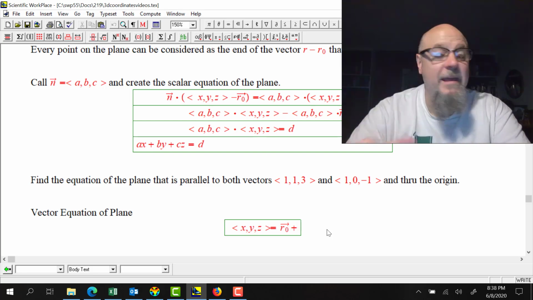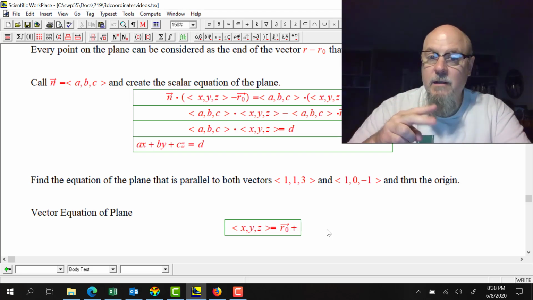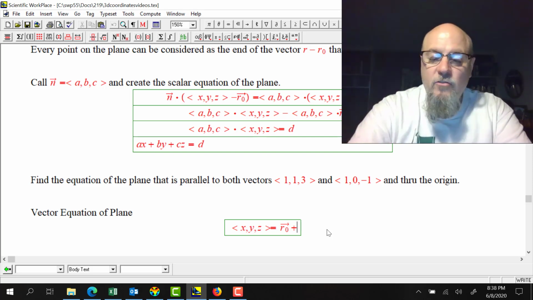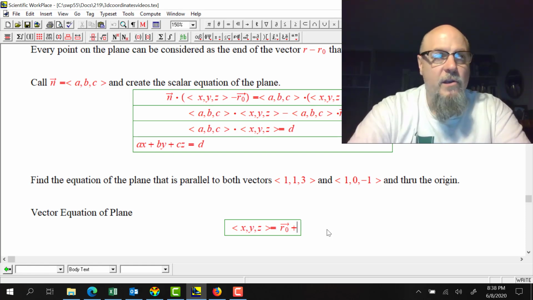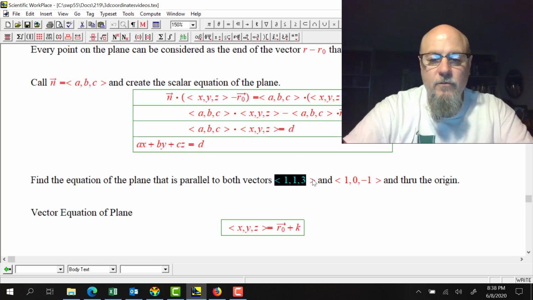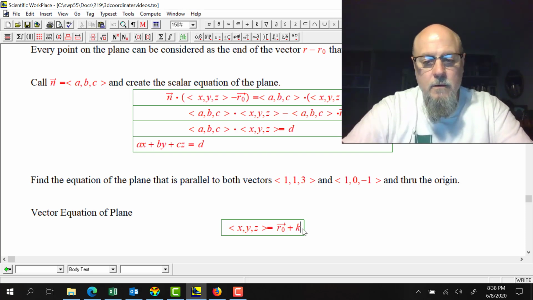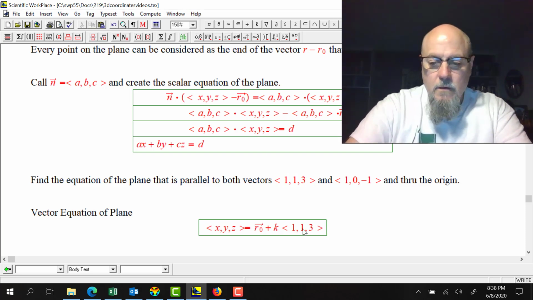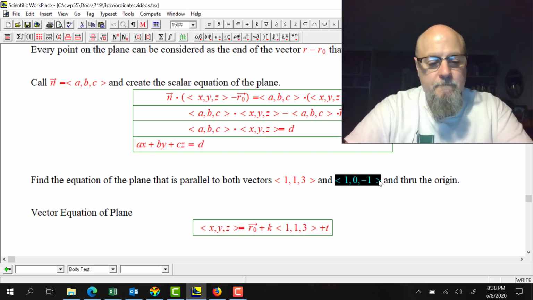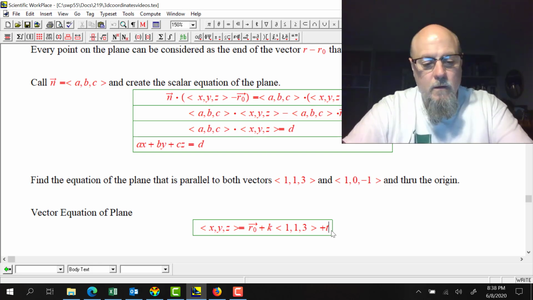Now a plane is a 2-dimensional object. A line is a 1-dimensional object. A plane is a 2-dimensional object. So I need 2 parameters. So I'm going to say k. So it's k times the first vector plus t times the second vector.